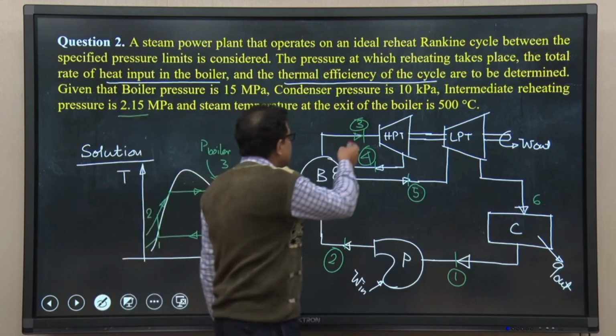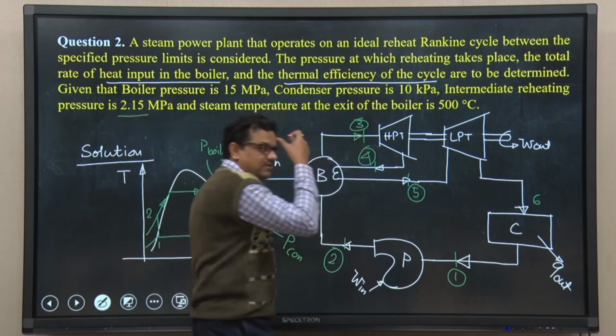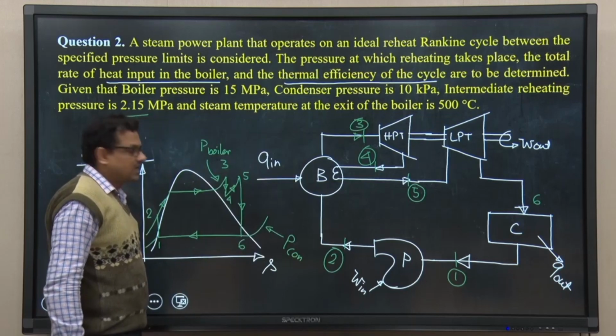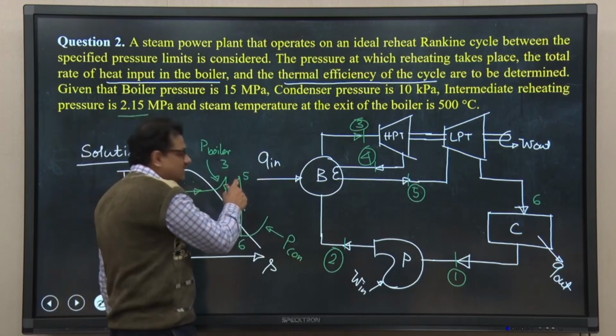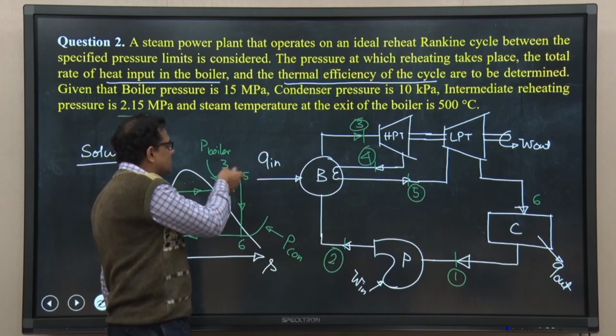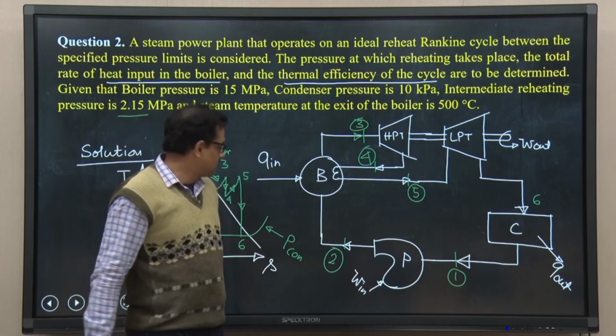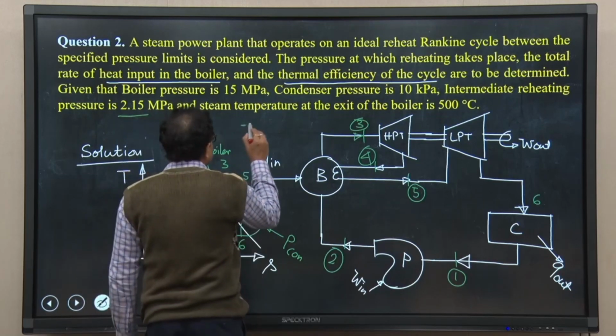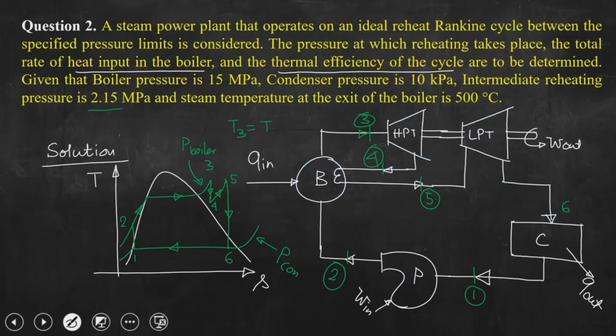So, 3 is the superheat temperature before it enters into the turbine. So, that reheating is continued until the temperature becomes equal to the initial superheat temperature, that is T3. So, that is very important. T3 equal to T5, that is what we have learned from the reheat Rankine cycle, right.